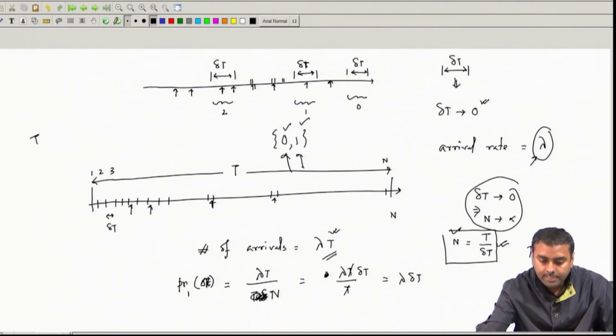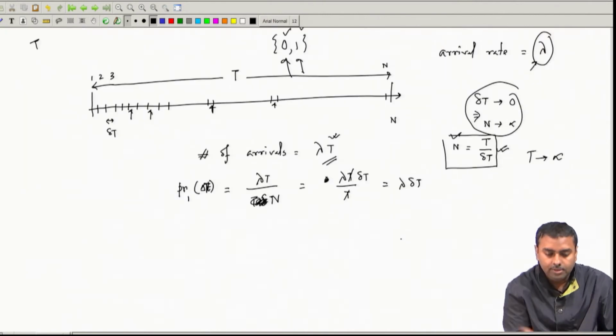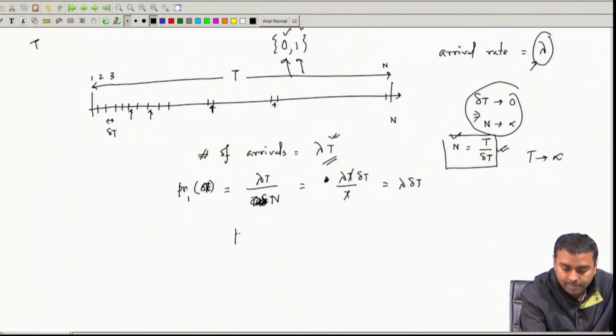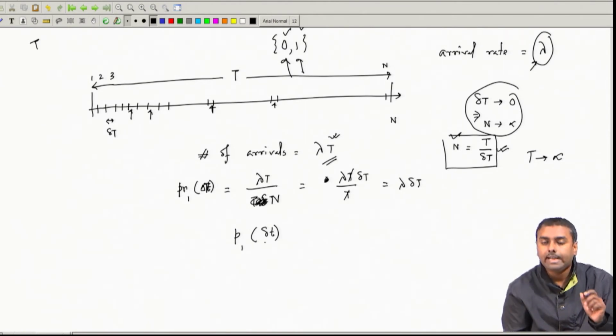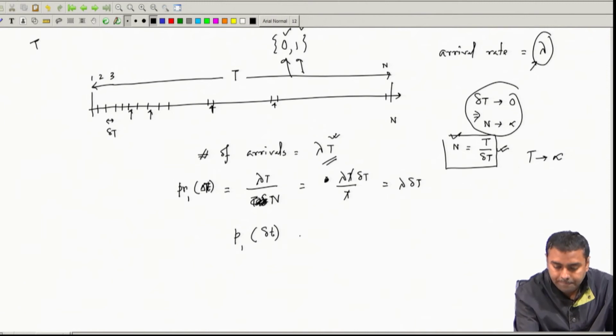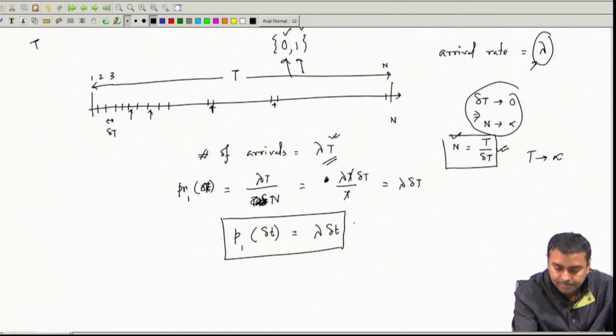Immediately, as you can see, if we now generalize it, the probability that one arrival happens in some small delta t time will always be lambda into delta t. This is our first definition.